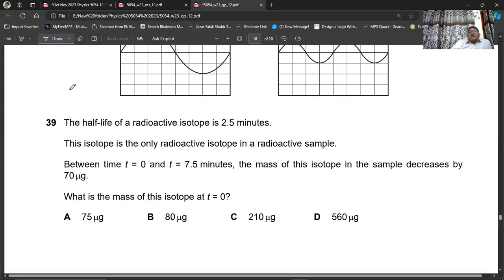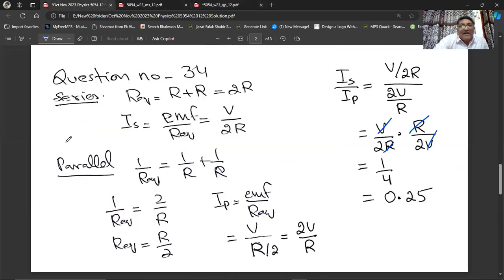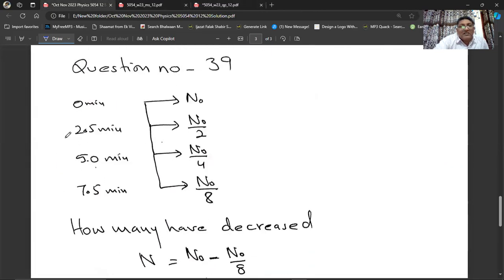So he has given you 70 microgram, which means this much mass has decreased. The half-life is 2.5 minutes. So total 7.5 minutes have passed. So 0 to 2.5, 2.5 to 5, 5 to 7.5. So 3 half-lives have passed.